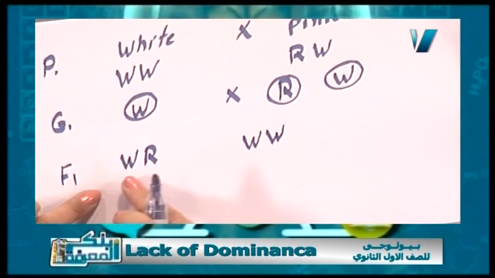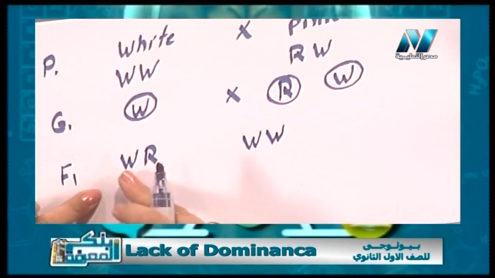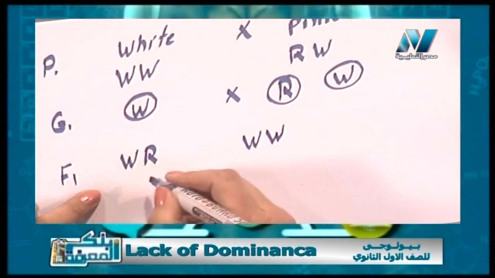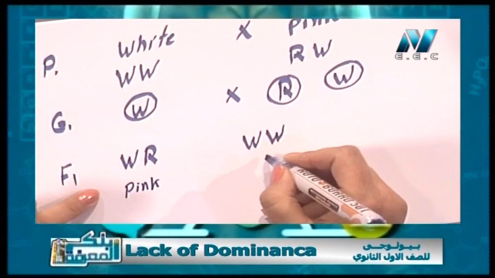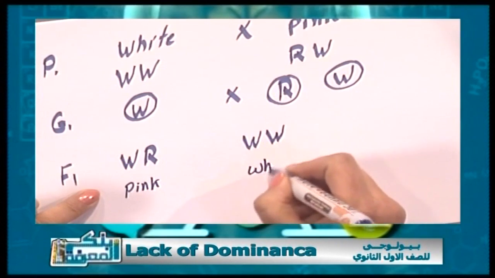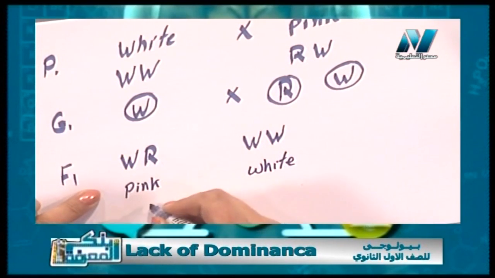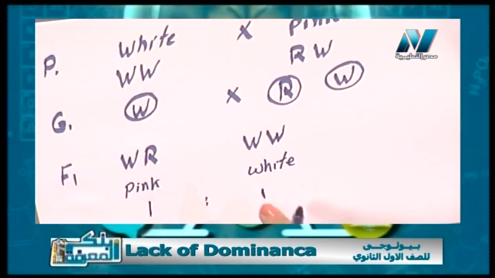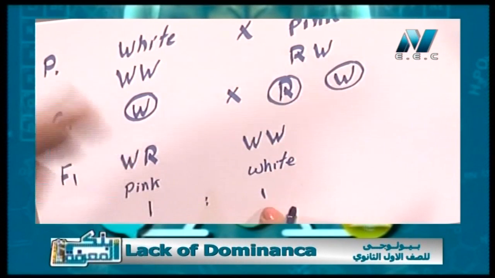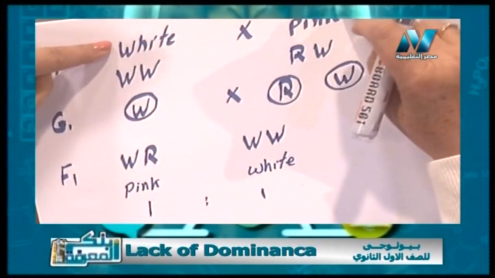So what is the color of WR? The color here is pink. What about this one? Of course, white. So the ratio here is 1 to 1. As you notice, the ratio here is different from what we started with, because we don't start with 2 extremes.